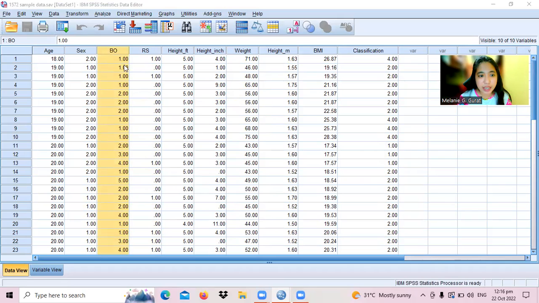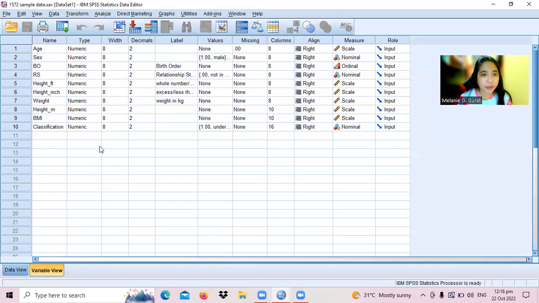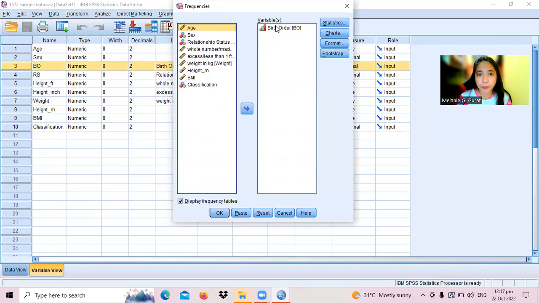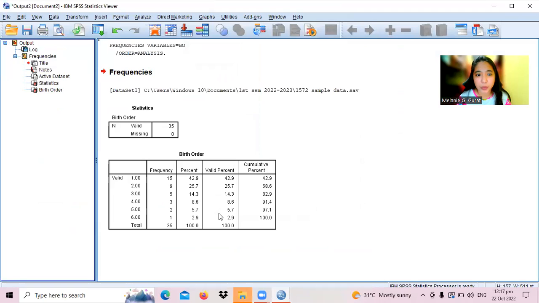We can see that there are several numbers like 1, 2, 3, 4, 5, and we cannot find value labels for this. So initially this is how it looks. Let's place the birth order and click OK.